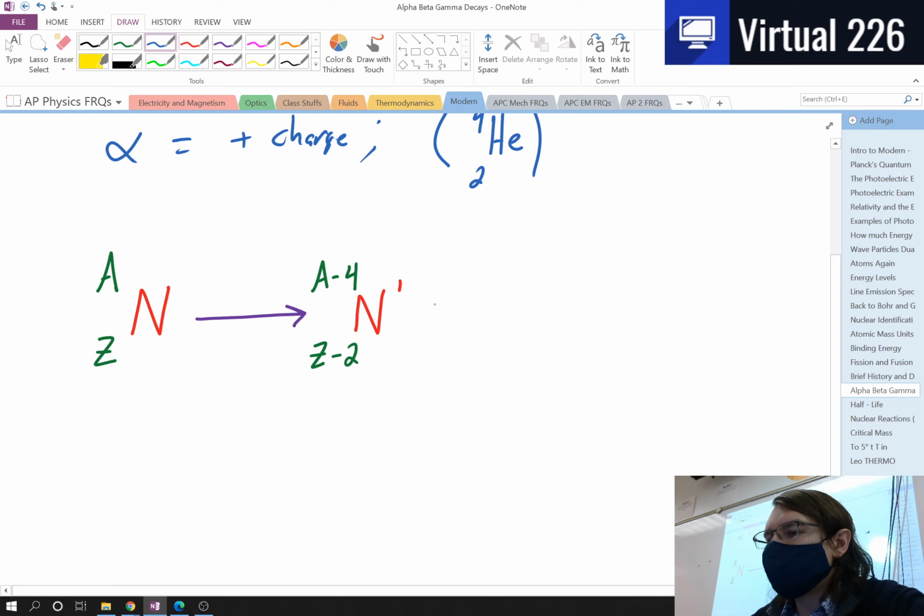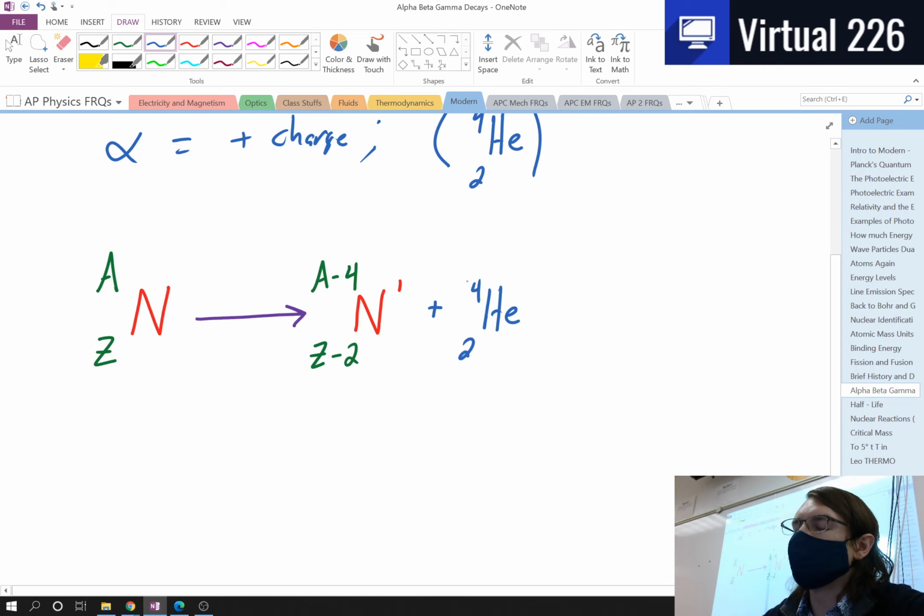To this, we're going to add helium, 2, 4. If you wanted, you could have just written this as an alpha, but I like to write it initially as this helium 2, 4, so that you can see the following. What we're doing here is we are going to conserve charge and atomic number and atomic mass number.